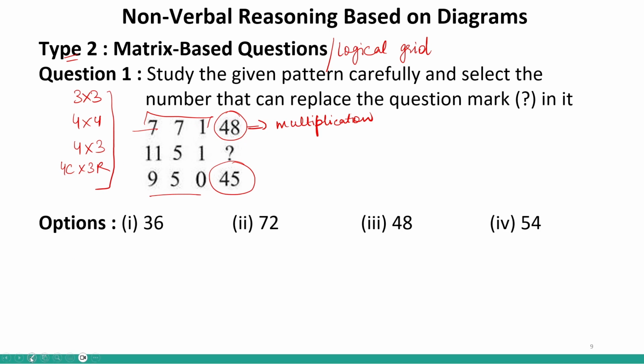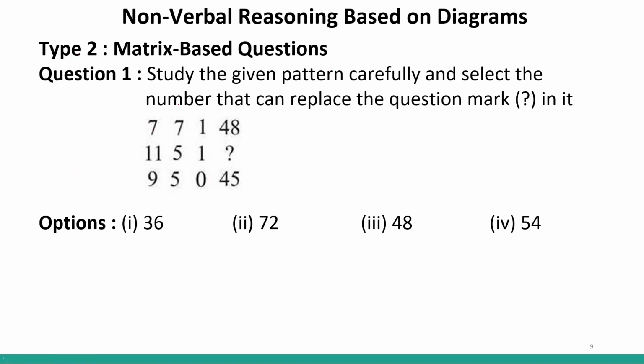So let us see. Now, let me give them name A, B, C and D. So certain operations are being carried on A, B, C to get D. So I see that if I multiply A and B and I subtract C from it, I am getting D. This is the logic. Now let us check if this logic is true for all the rows.